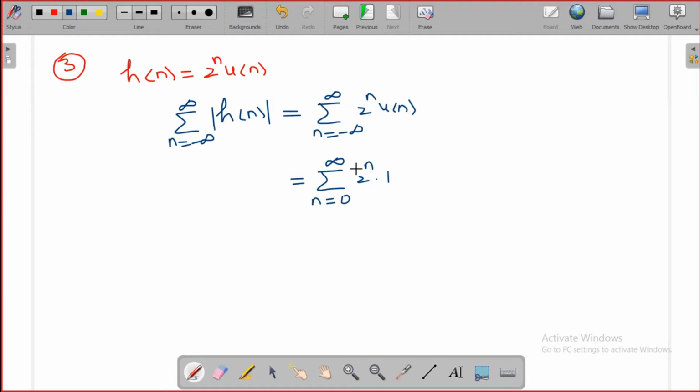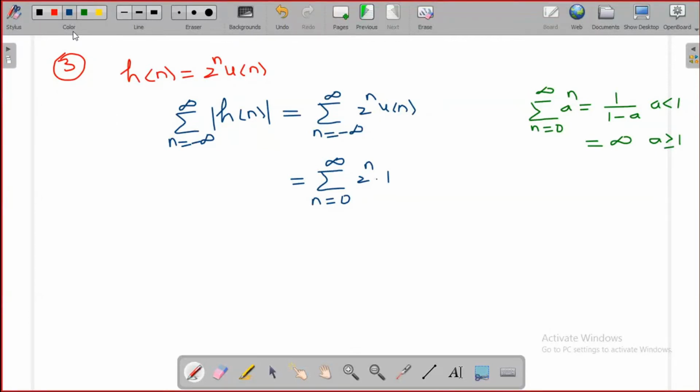I already gave the standard summation result: n from 0 to infinity a power n, its value is 1 by 1 minus a if a is less than 1, and its value is infinity if a is greater than or equal to 1.